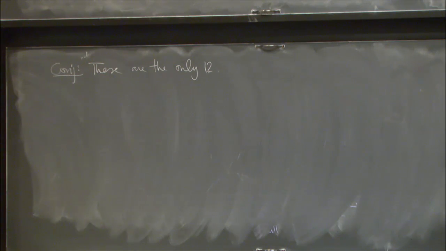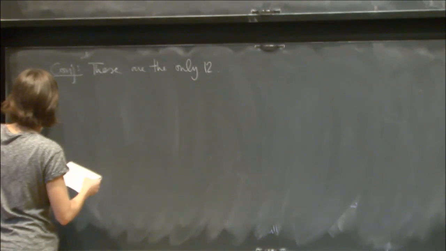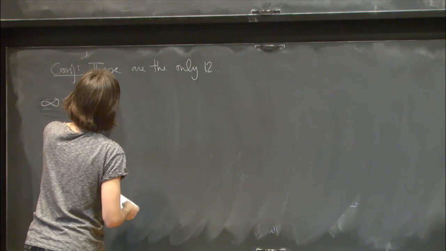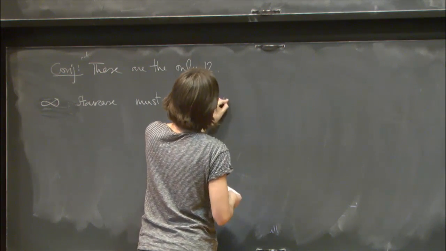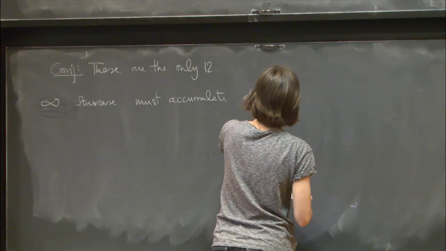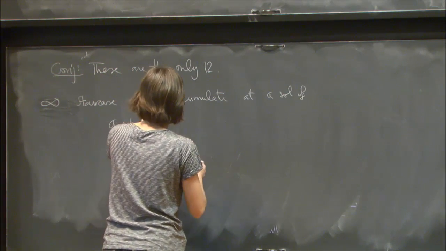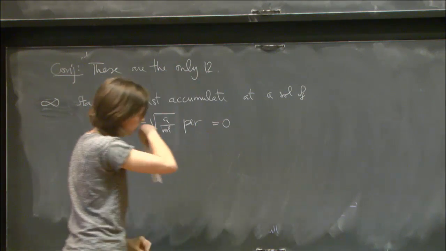Then one thing that we can prove is that the accumulation point A must satisfy: the infinite staircase must accumulate at a solution of a plus 1 minus square root of a over vol times pair equals 0.